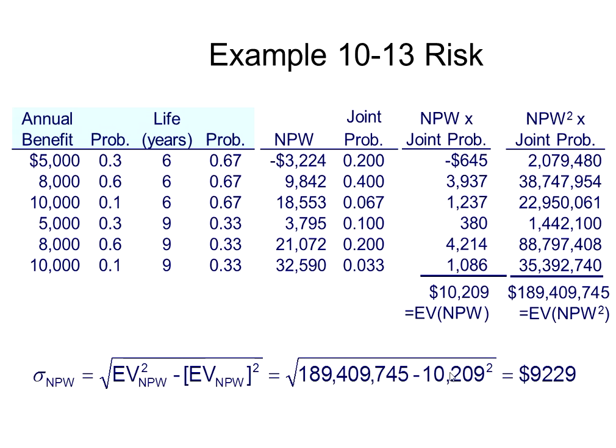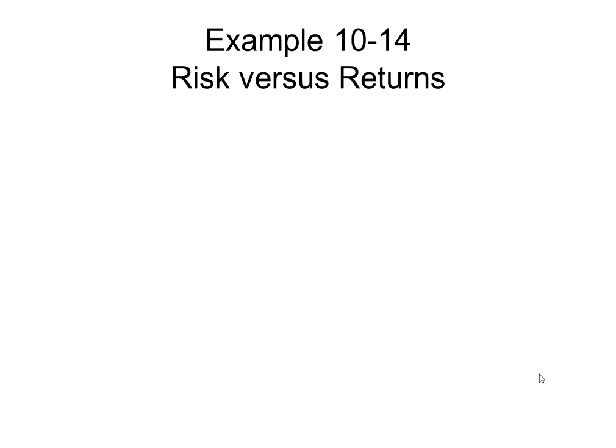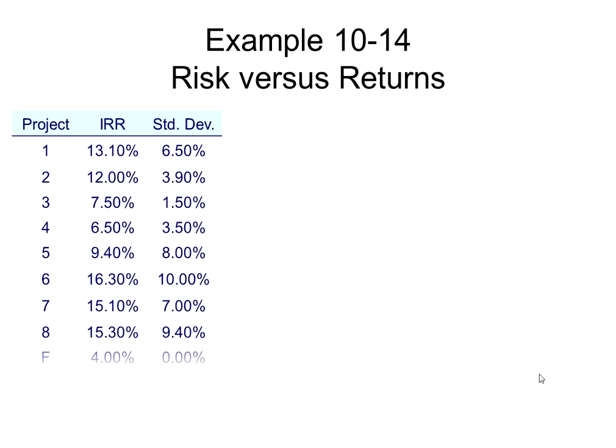So we're plugging this in, this is squared, this is from here, and then taking the square root, and it gives us a risk estimate of 9,229, as written right here.